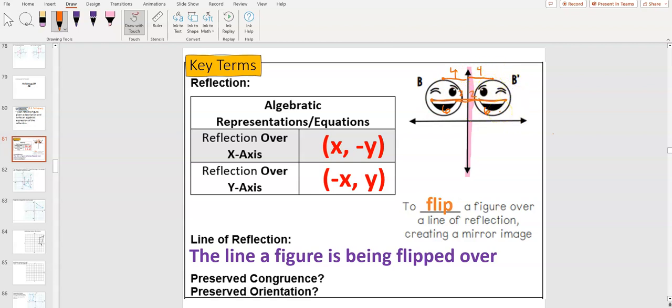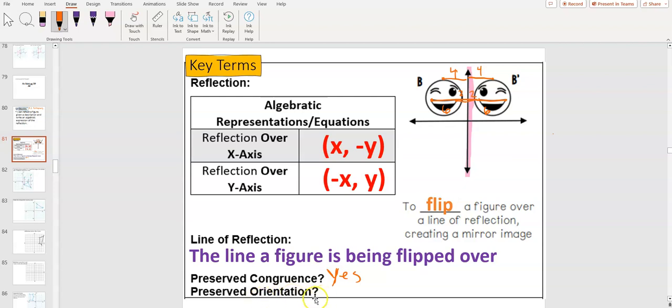Yes, they are the same size and shape. But you might be saying, no, Mrs. Kirkwood, they don't look the same, because the winky eye in shape B is on the left, but the winky eye in shape B prime is on the right. You're right. They have flipped sides, but that is not congruence.